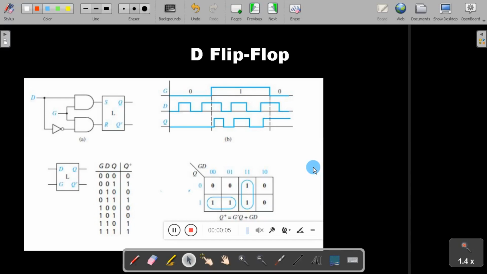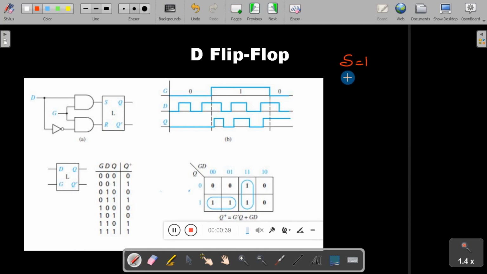In our previous session, we have studied D flip-flop and SR flip-flop. Before proceeding, let me once again explain the difference between SR and D. So in SR, we have two inputs, that is S and R. To set the flip-flop, we need to make S equal to 1.